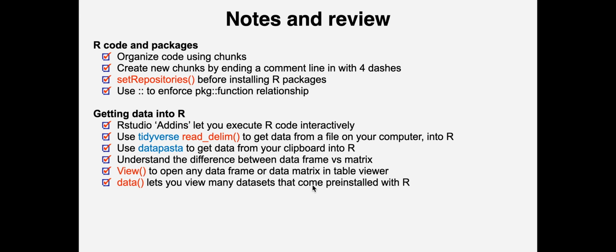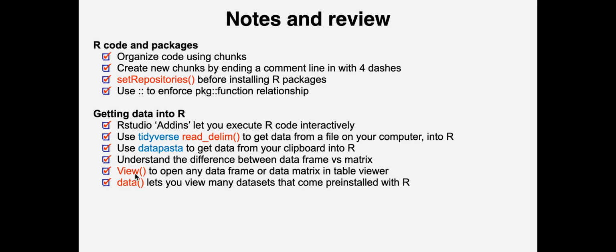Understand the difference between a data frame and a data matrix. Data frames have a mix of different data types, text or character vectors, and numeric data. A matrix has numeric data only. It can still have row names, but the body of the spreadsheet is numeric data.